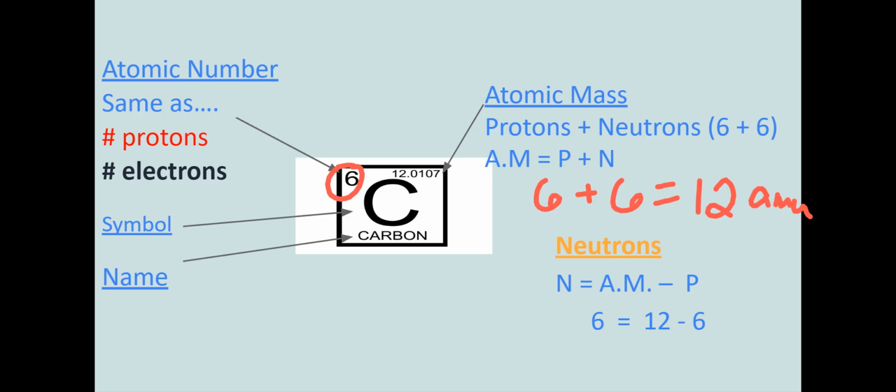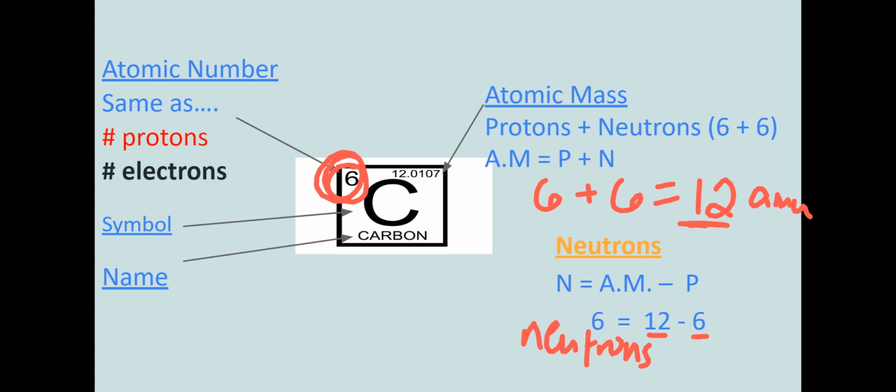If I'm asking you to find the number of neutrons, you would work the opposite direction. We know the atomic mass is 12 minus 6 protons, which has to be 6 because of that atomic number. So that means we would have 6 neutrons.